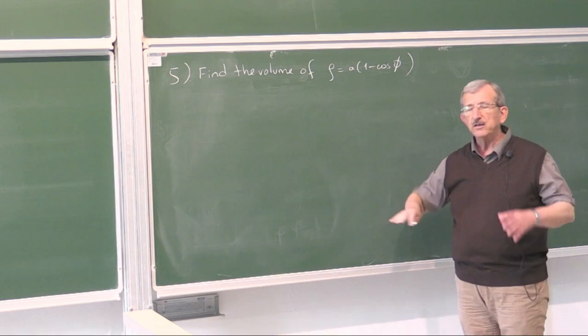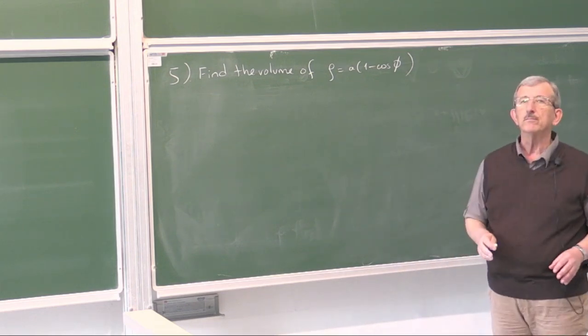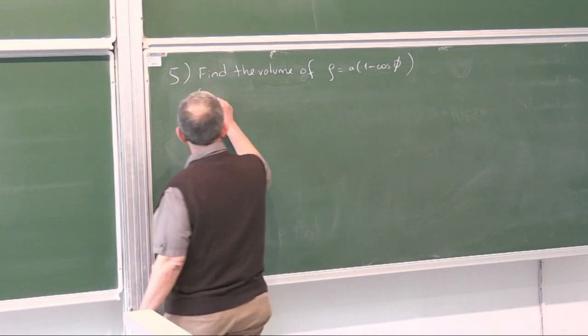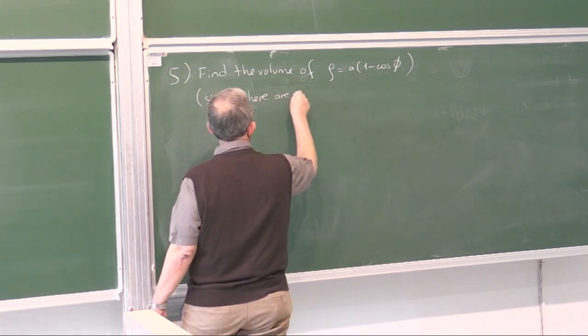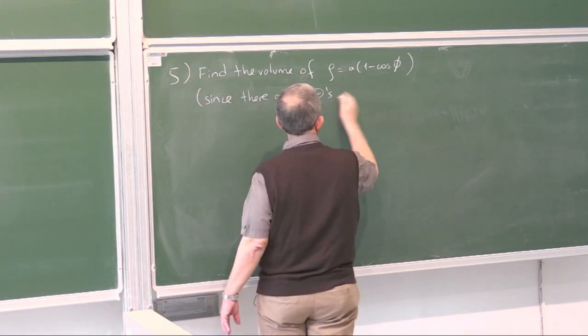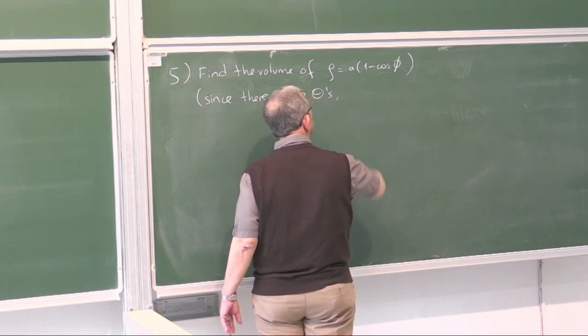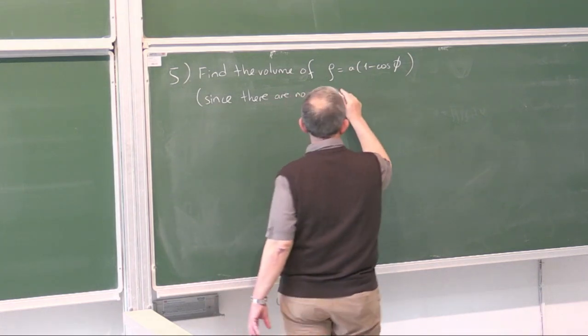It means that for all thetas, this is the same curve. In short, since there are no thetas, this is a curve which is rotated about the z-axis.